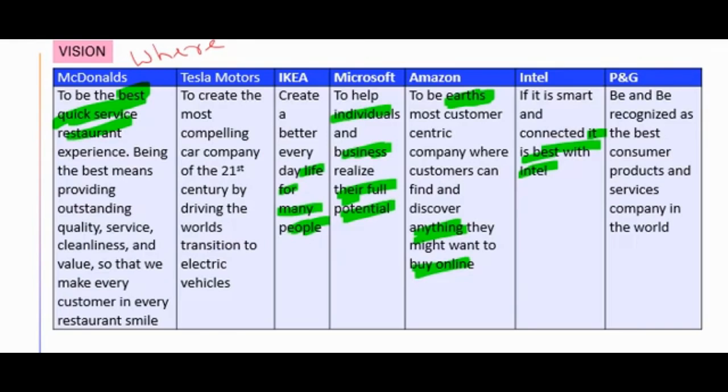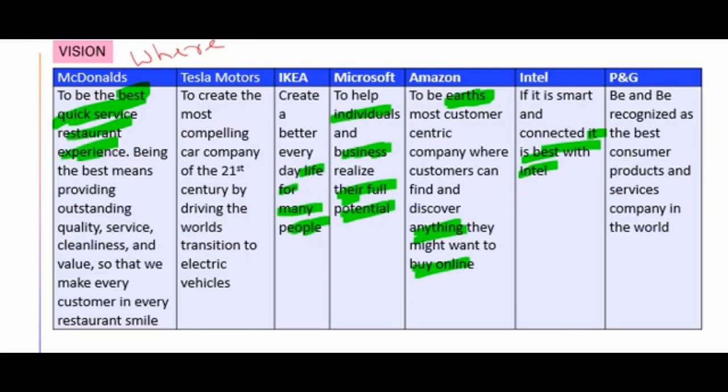If you go to McDonald's, in some places they keep that mission, right, within 30 seconds they deliver, or within 1 minute they deliver. They have a quick service restaurant experience, right? This is already experienced by most of us.